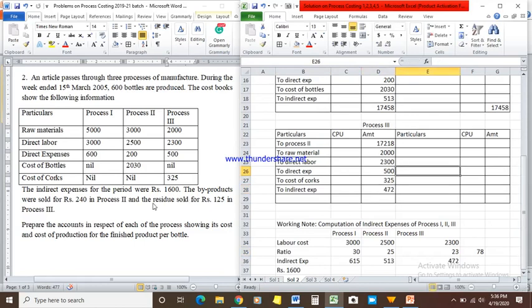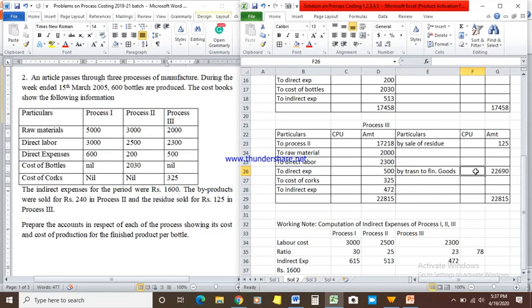Now in the third process we are having the sale of residue. So by sale of residue 125 rupees. Now if we take the total 22,815, by transfer to goods, 22,815 minus 125.